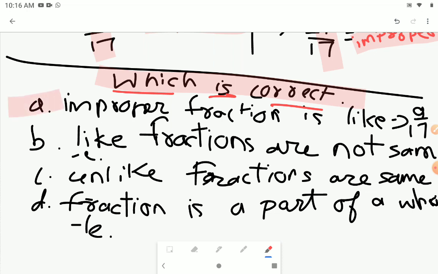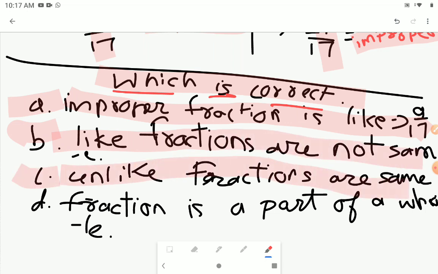A option: improper fraction is like 9/17. B option: like fractions are not same. C option: unlike fractions are same. D option: fraction is a part of a whole. We have to identify the correct one. Now see which is correct.